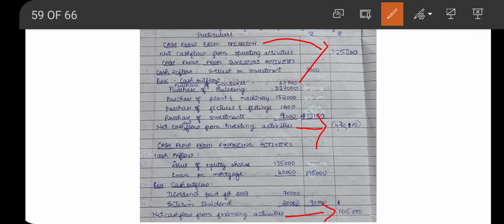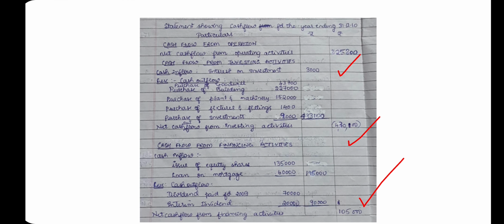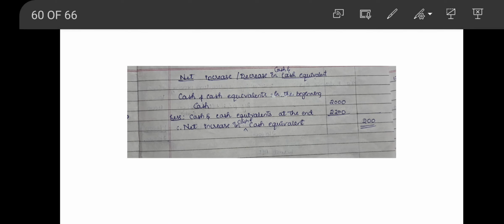So when we add these three amounts, it must be equal to the net increase in the cash and cash equivalent. So 3,25,300 minus 4,30,100 plus 1,05,000 must be equal to rupees 200. That is net increase in cash and cash equivalents.